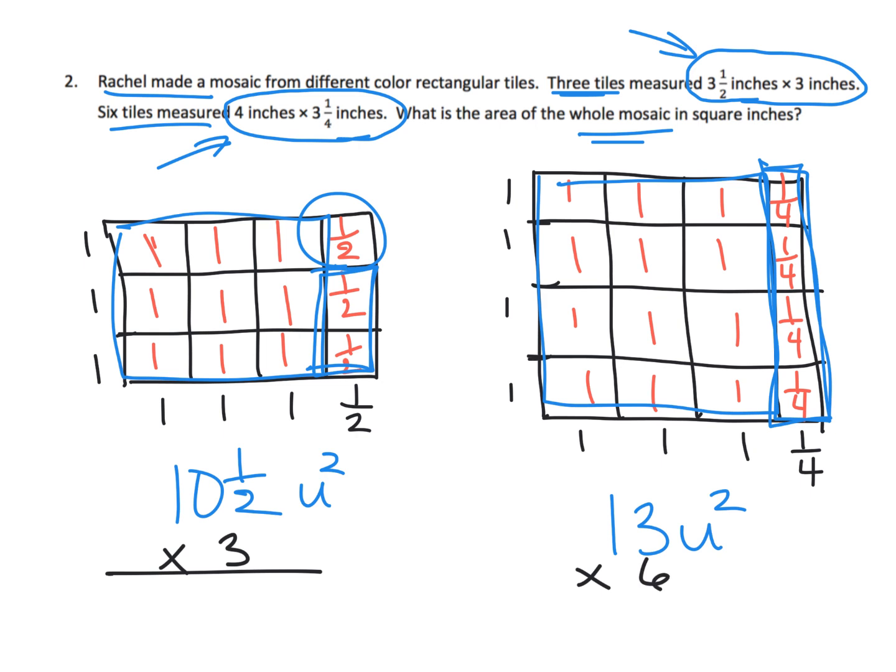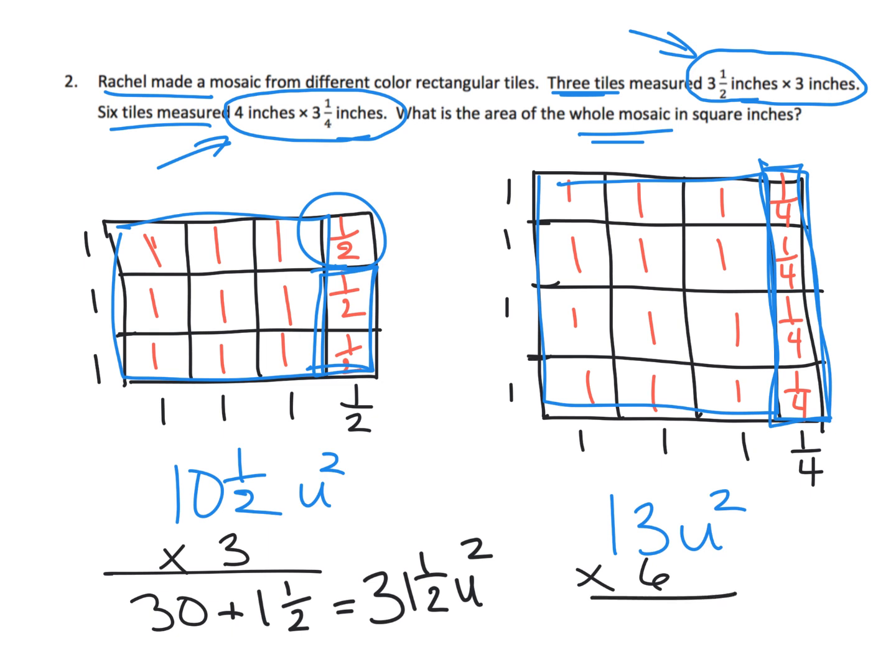So if we wanted to get our answer, well, 3 times 10 is 30. And then 3 halves, that's equal to 1 and 1/2. So altogether, that gives us 31.5 square units. Same kind of work over here.